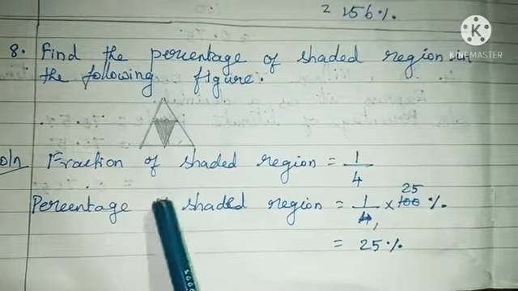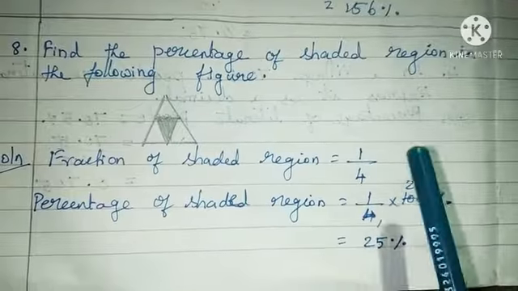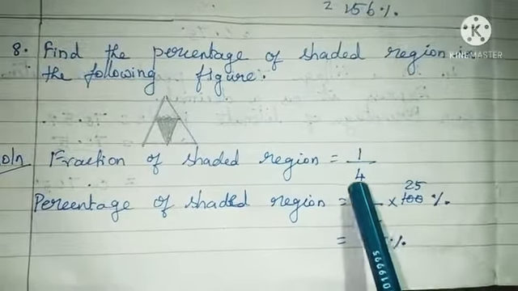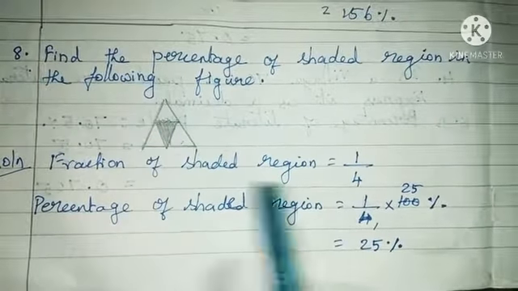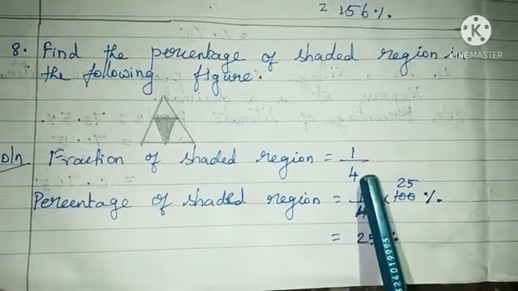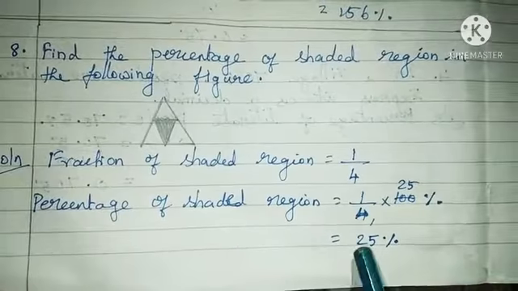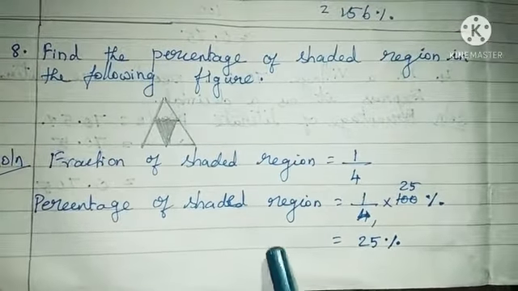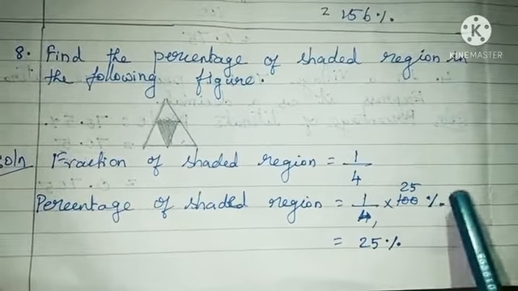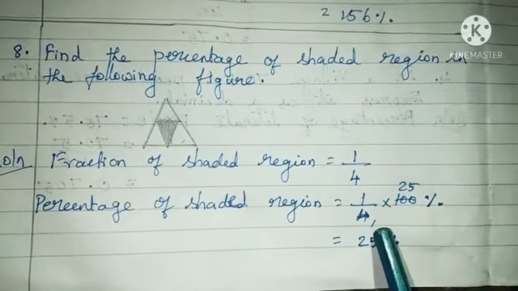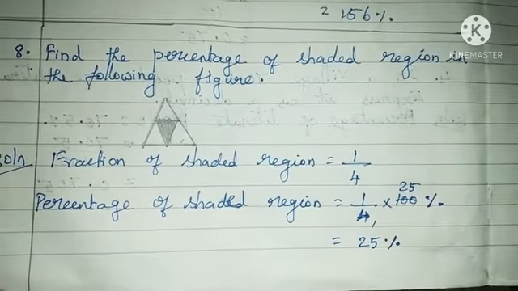The fraction of shaded region can be written as number of shaded parts by total number of parts. Here the shaded parts is 1 and the total parts are 4. Therefore, the fraction is 1 by 4. For this fraction, we are going to find out the percentage. That is, percentage of shaded region is equal to 1 by 4 into 100%. When we cancel it by the common factor 4, we get the answer as 25%.